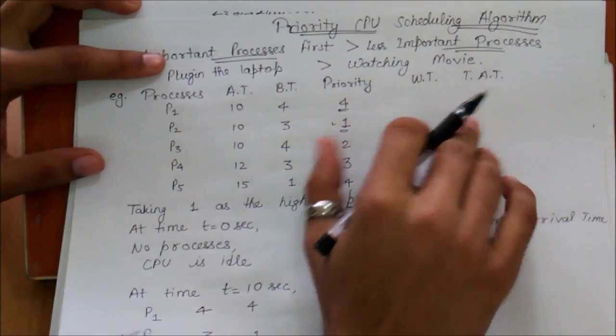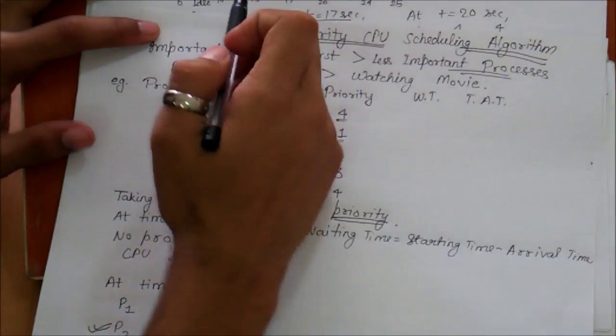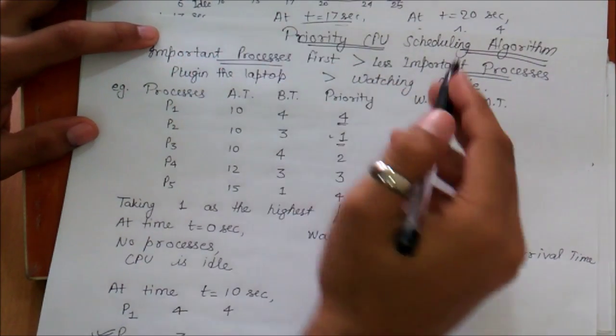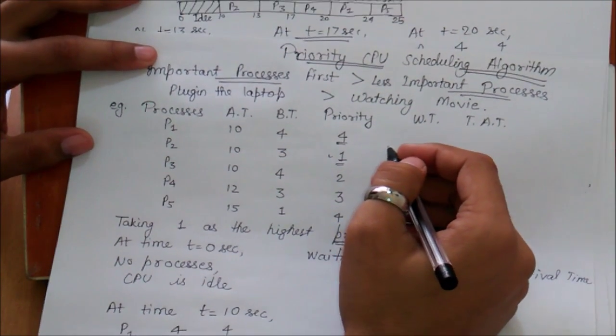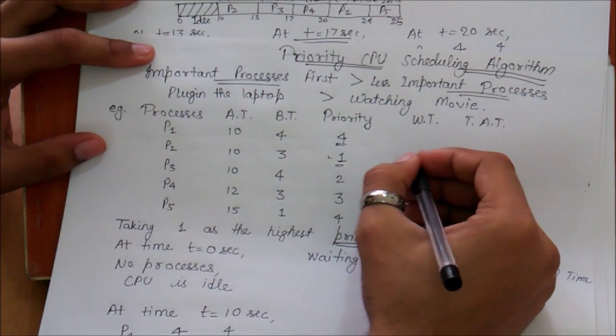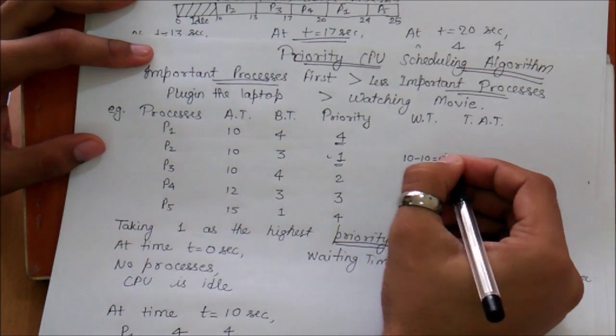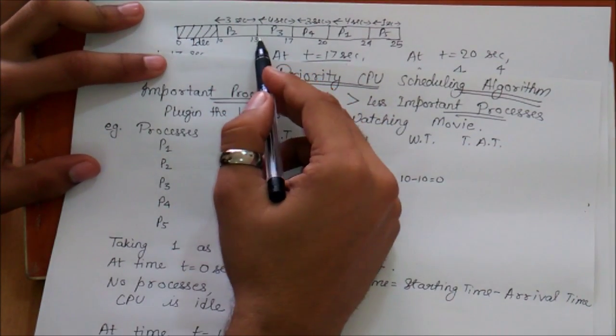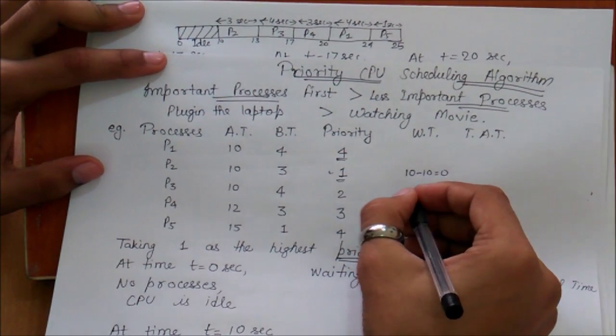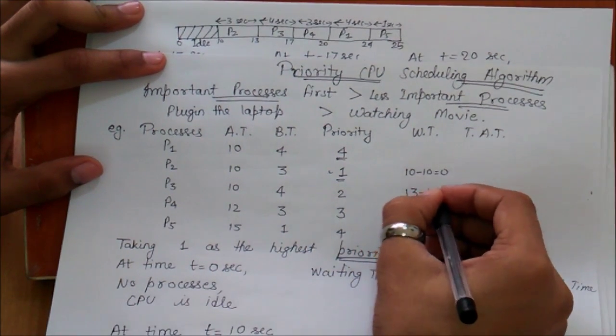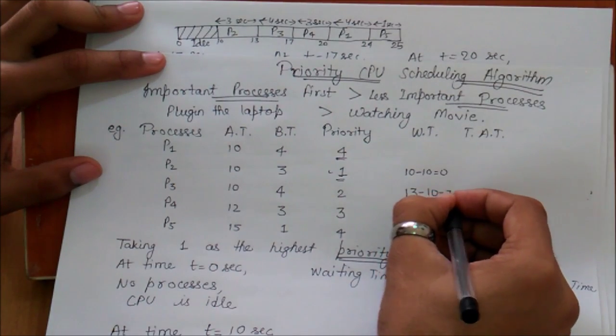Now first P2 was started, so the starting time of P2 is 10 and the arrival time is 10 as well, so the waiting time is 0. Next P3 was started at 13 seconds and the arrival time is 10, so the waiting time is 3.